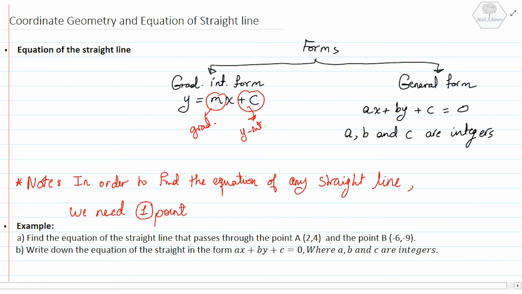I need only one point. And the second thing that I need is the gradient of the line.